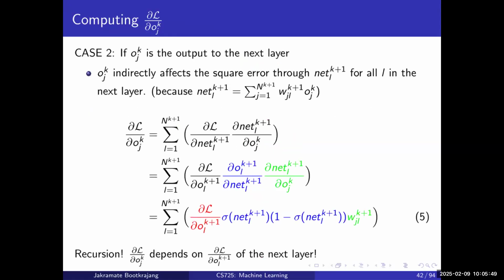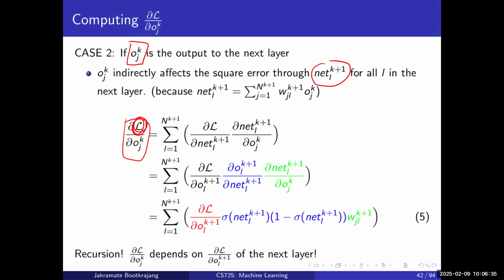So what if you are in the hidden layer, right? You're not in the last layer, you are in the middle. So the O_jk is basically the output to the next layer. So it will affect the square error through the net at k plus 1 in the next layer. So we can write this and use the chain rule, right?